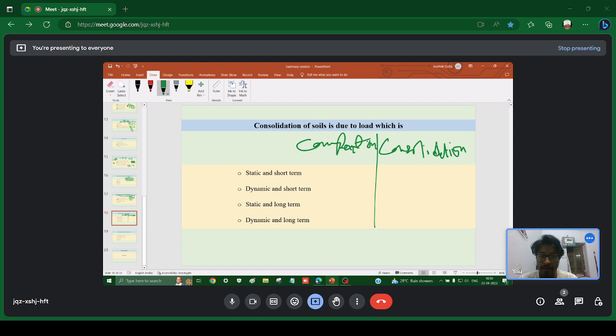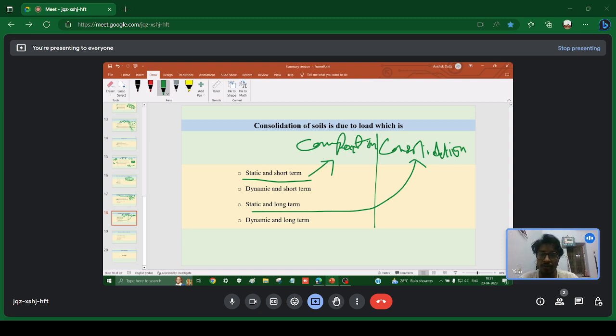For that, the load which is being applied in case of consolidation, the load is applied gradually. It is a long-term load. So, I can say over here that static and short-term load belongs to compaction and static and long-term load belong to consolidation. This is the first major difference between compaction and consolidation.